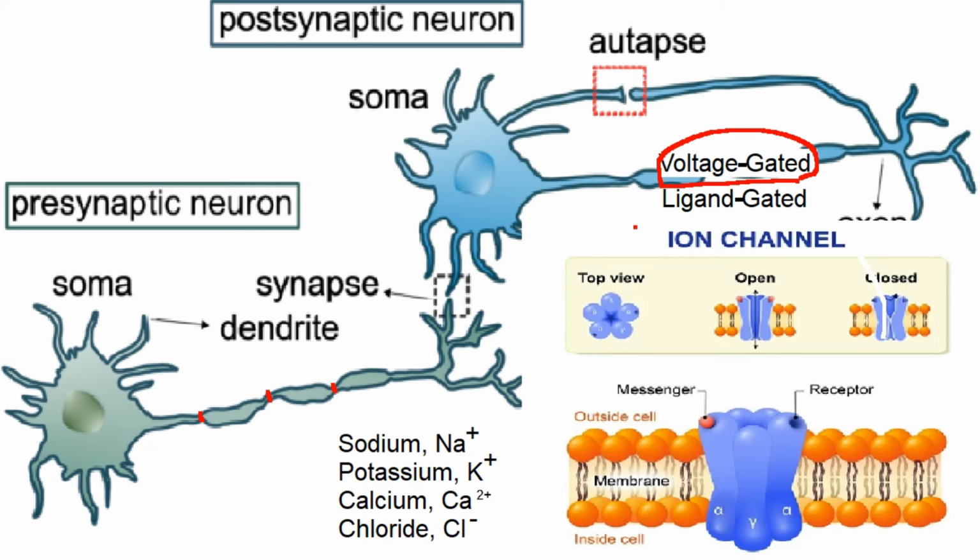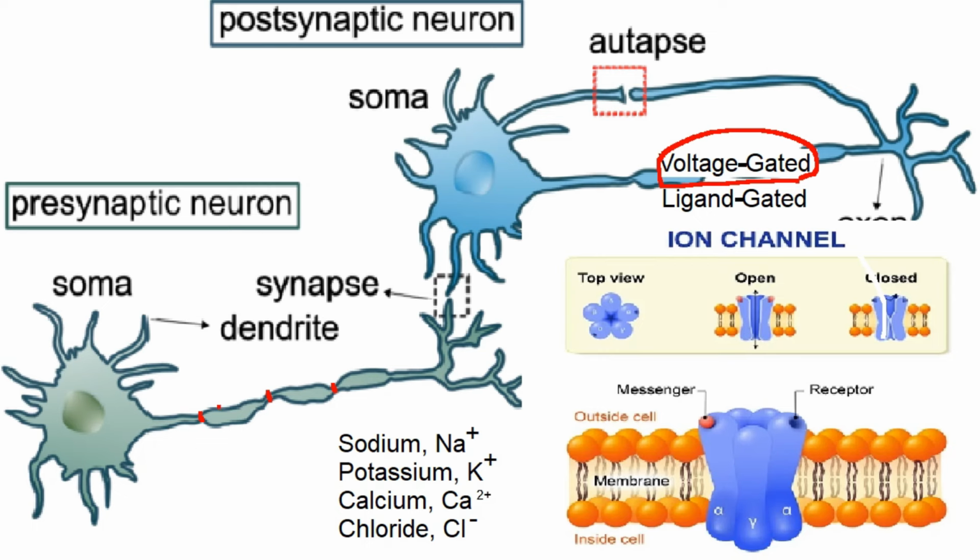Now, the reason why voltage-gated ion channels exist is to support the signal throughout the cell, all the way down to the axon terminal. Obviously, as we all know in electricity, electricity can potentially be lost as it flows on.